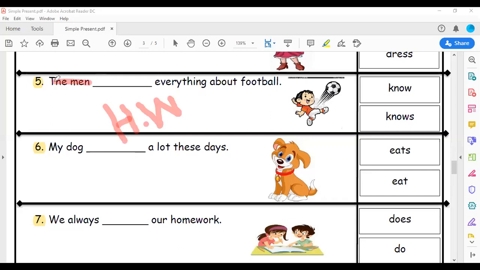The men everything about football: know or knows. My dog a lot these days: eats or eat. We always our homework: does or do. Remember, when it is singular, I add s to the verb. Done? Let's move on.